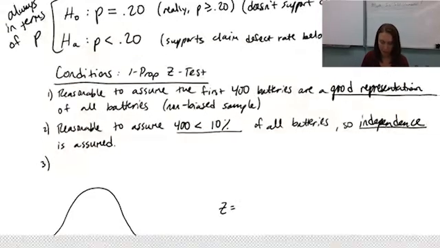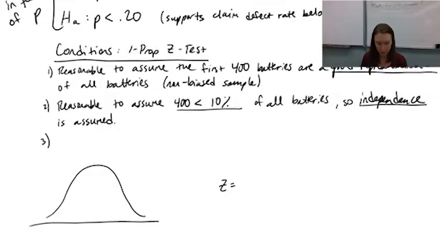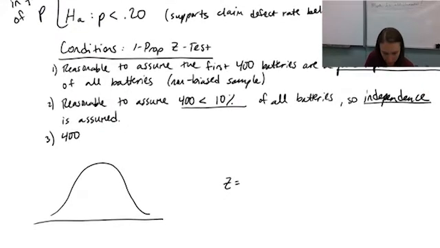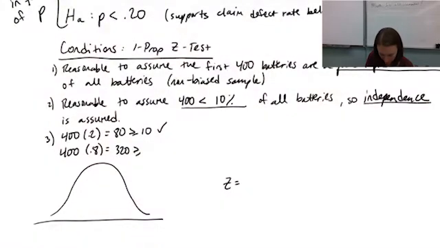The next one, we have to check that the sample size is large enough for a normal distribution. So n times p is 400 times 0.2, that equals 80, which is at least 10, check. And n times 1 minus p, so 400 times 0.8 is 320, which is definitely greater than or equal to 10.